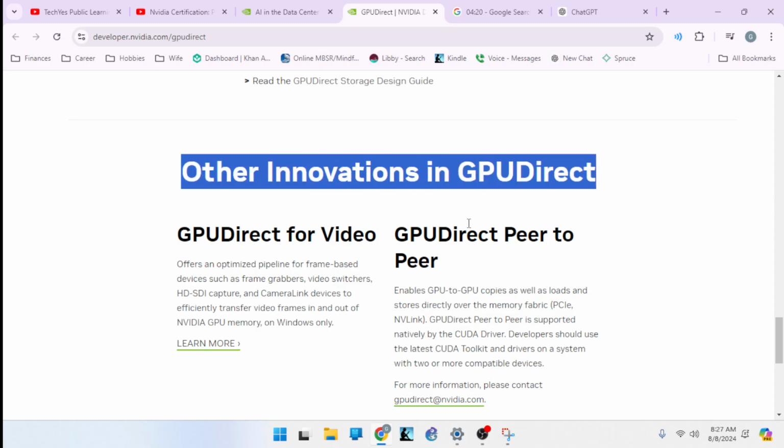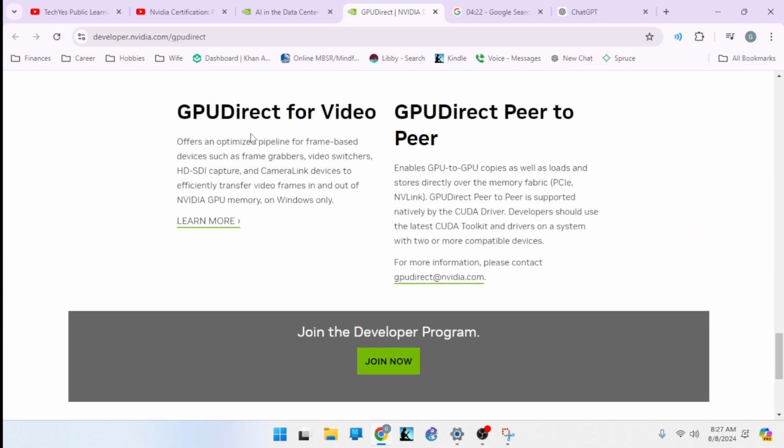Other innovations in GPU direct, I think this matters to read. GPU direct for video. It offers an optimized pipeline for frame-based devices such as frame grabbers, video switchers, HD SDI capture, and camera link devices to efficiently transfer video frames in and out of Nvidia GPU memory on Windows only.